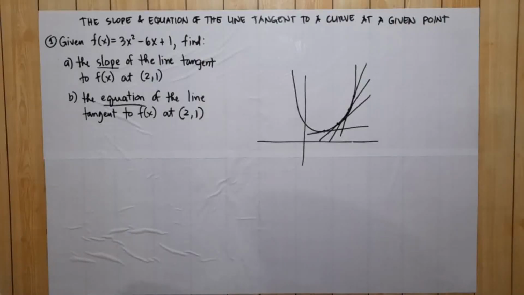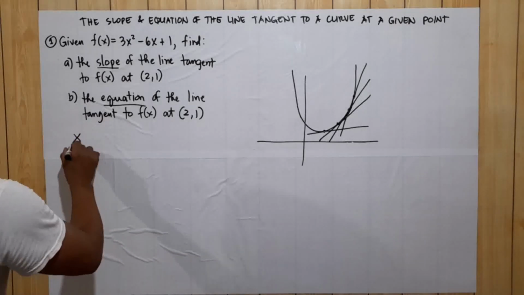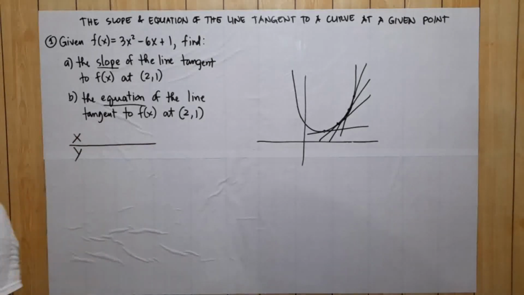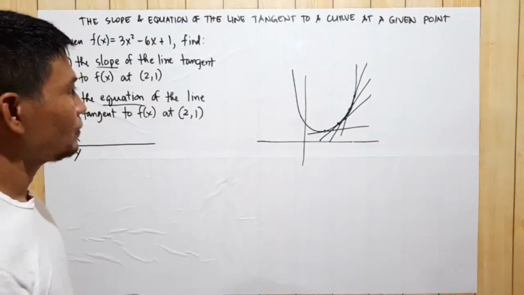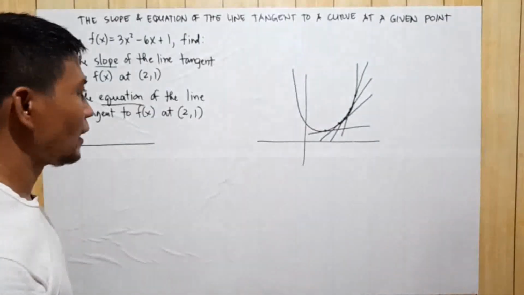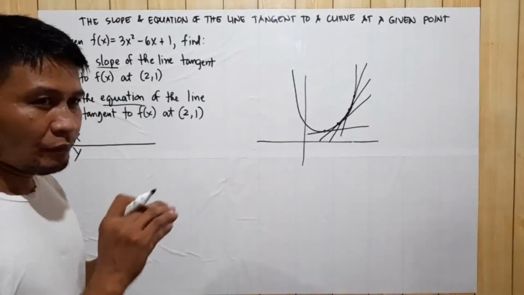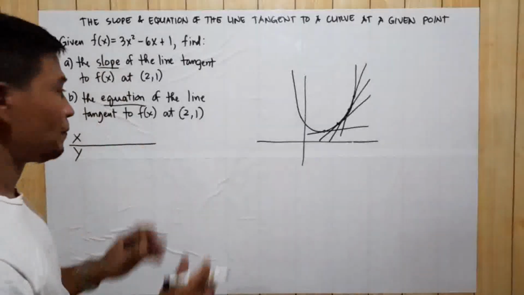Gagawa po tayo ng table of ordered pairs, ng x and y. In this case, kasi curve po ito at parabola po ito, una po nating hanapin yung minimum point, kasi ito naman po isang parabola that opens up.